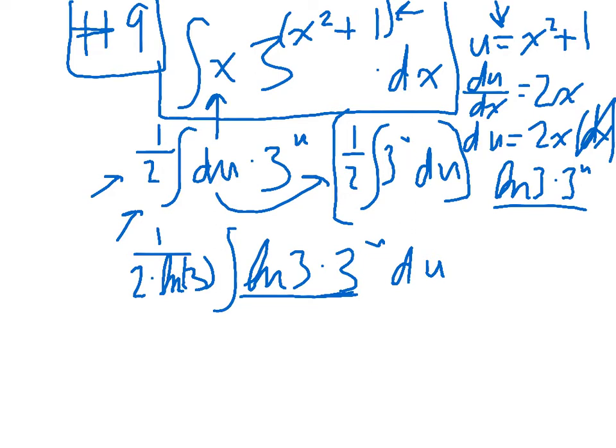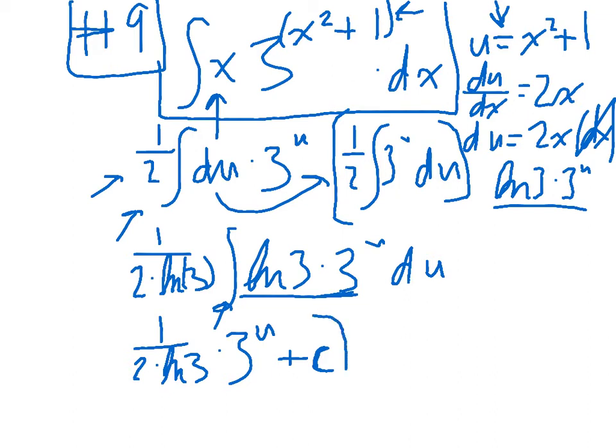So now we're going to integrate, and we're going to get rid of this integration sign right here. It's going to come out as 1 over 2 times the natural log of 3 times 3 to the u plus c. Remember that c because we're integrating. So now we're very close to our answer, and all we have to do is look at this u and get rid of it.